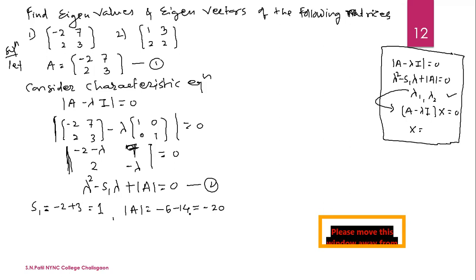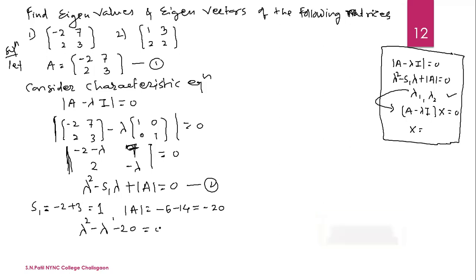Putting S1 and the determinant in the equation, we get lambda square minus lambda minus 20 is equal to 0. We can find the eigenvalues in the traditional way, otherwise through a calculator you will get the value immediately. Here we find two numbers whose product is minus 20 and whose sum is minus 1.